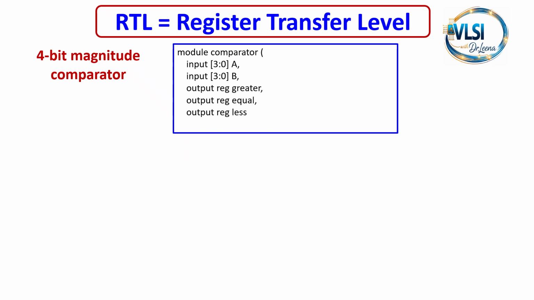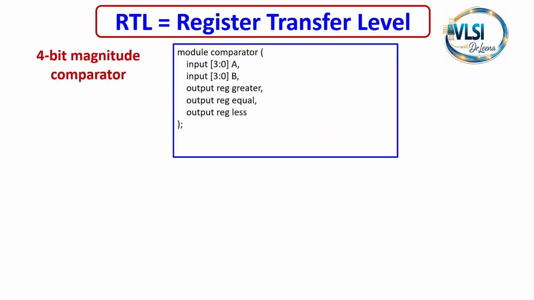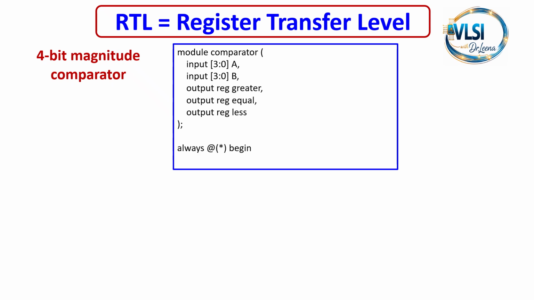After assigning all inputs and outputs, we are ending the port declaration list. Now we are going into the operation. This always block means the code inside runs whenever inputs change, and this means trigger when any input changes.